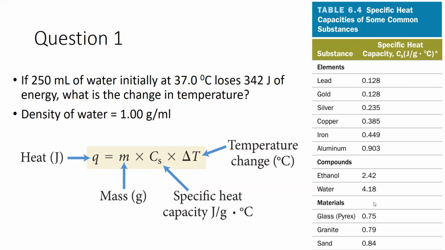The specific heat capacity of water is here on the right. Our equation is down here. So see if you can start taking this word problem, assigning your variables, and see if we can get an answer. For this, I'm going to put up our question timer again. If you have questions along the way, or get stuck, let me know. Otherwise, try to muddle your way through it. And I will be back to work through it in a few minutes.